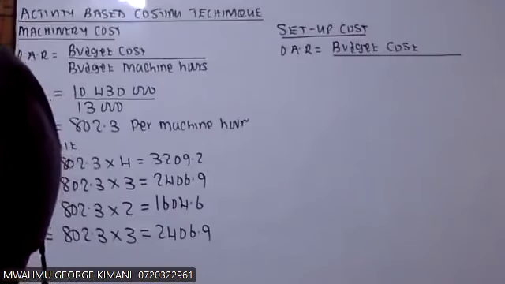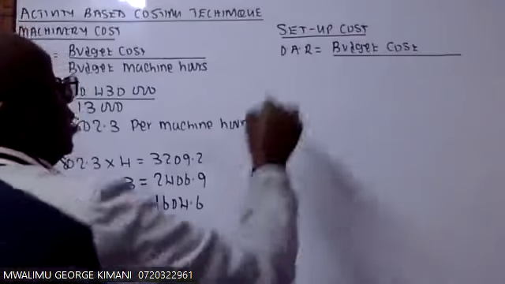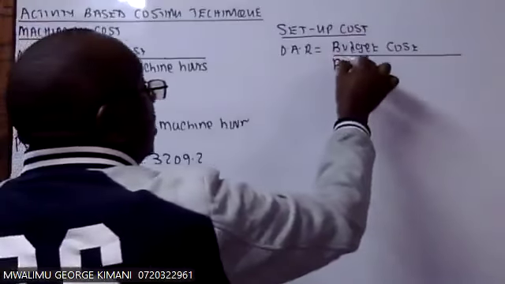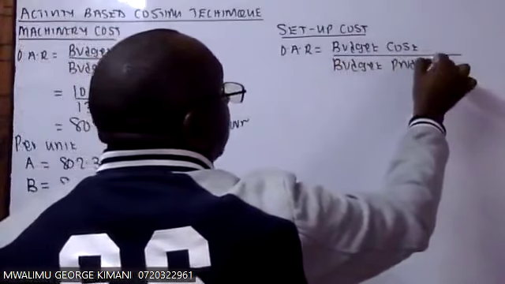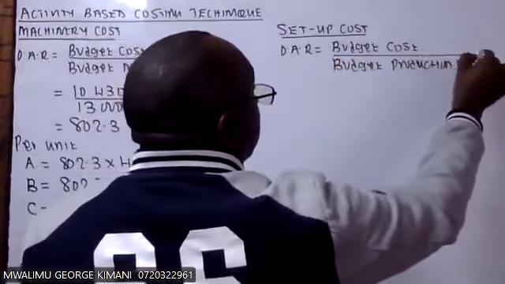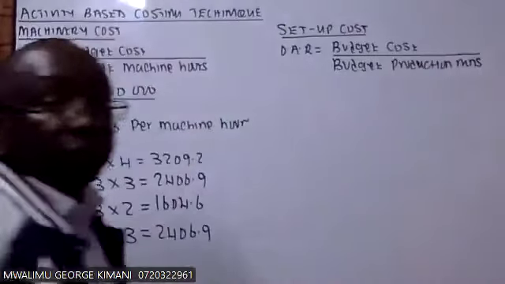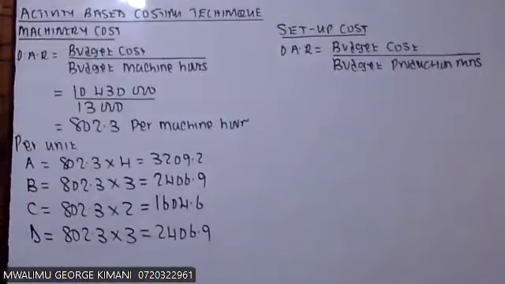The typesetting there is not very good, but it's supposed to be number of production runs. So we can just call them budget production runs.